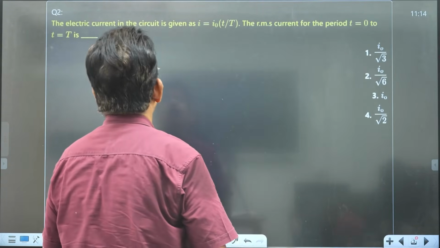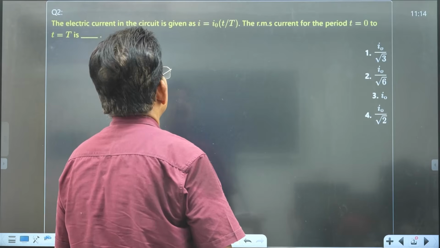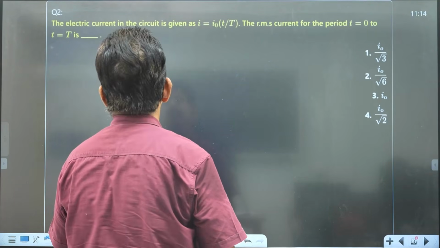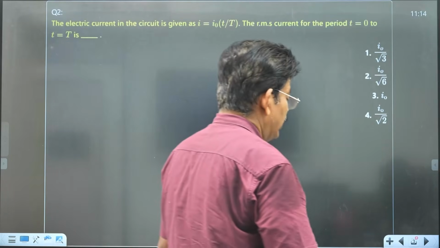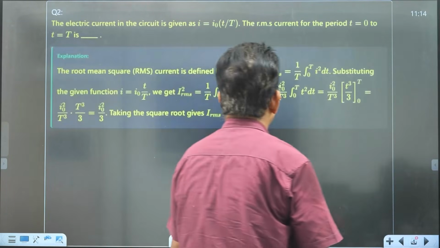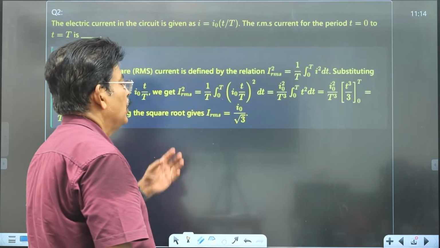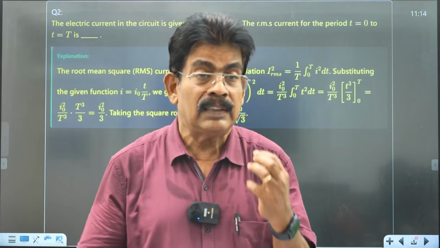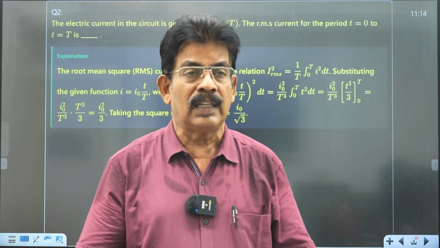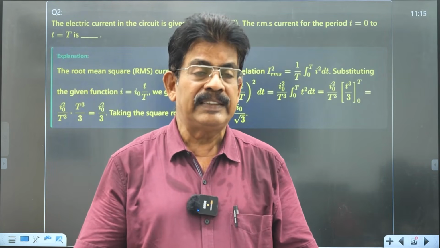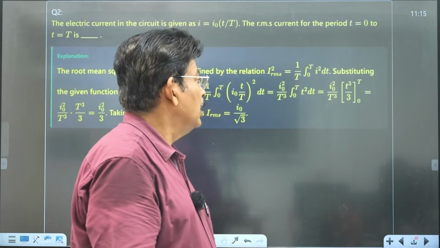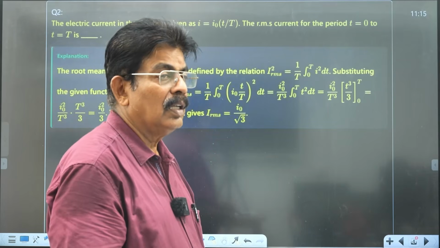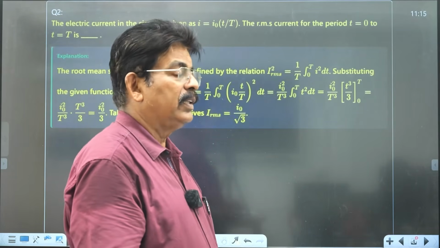Next question: electric current is given by I is equal to I0 t by T. Find the RMS current for a period of 0 to T seconds. Let us go to the explanation of the way we define RMS current. RMS current is that DC current which liberates the same heat in a given resistor as given by an alternating current or varying current.